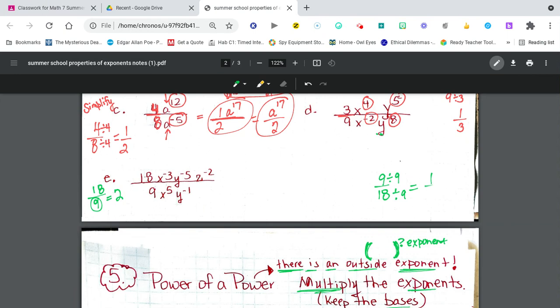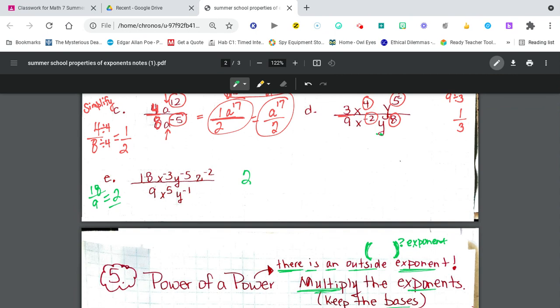My bigger number's on the bottom, so I'm going to end up with a fraction. Bigger numbers on the bottom, you always end up with a fraction or a decimal. We're not going to be writing them as decimals. We're going to keep them as fractions. But because in e, 18 is on top and it's bigger, I can end up with a whole number. So I'm going to put the whole number 2.